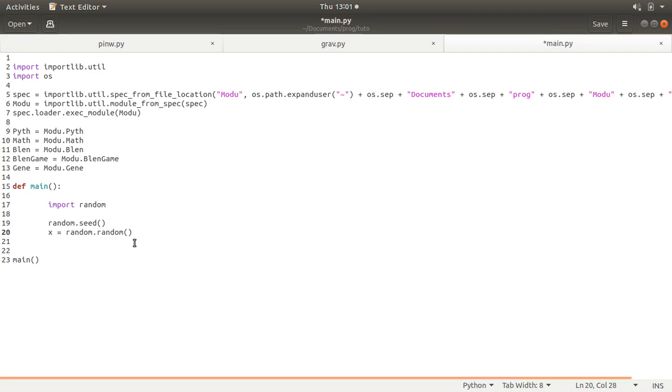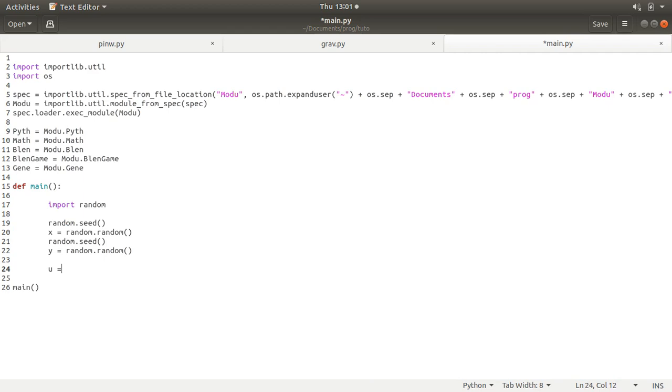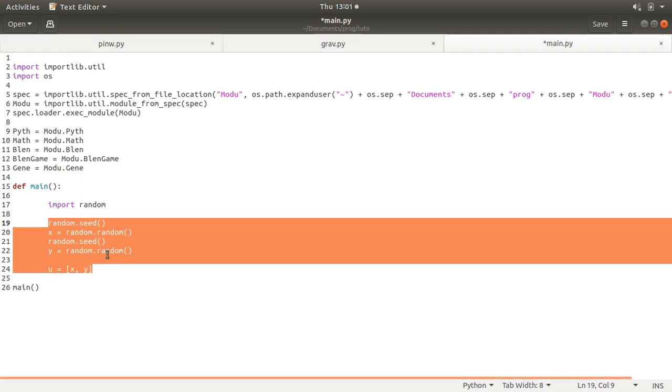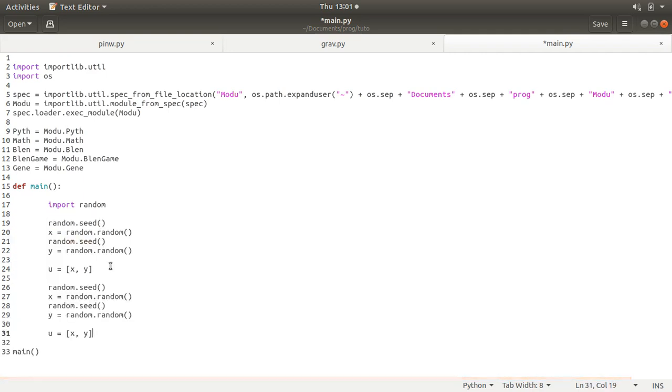And do it again to get a y. And then I'll make a new vector u. And then I'll get a vector v. And then I'll dot these.